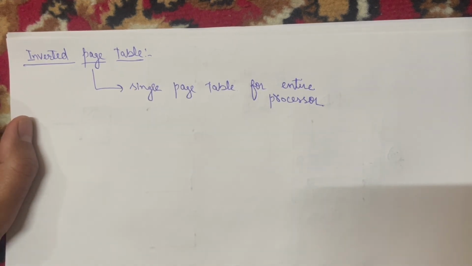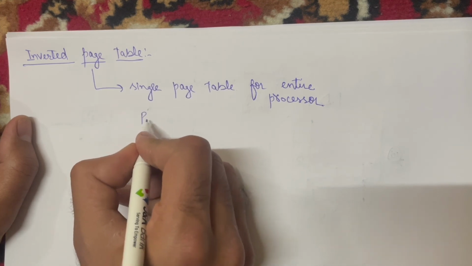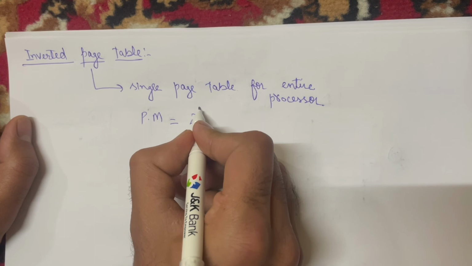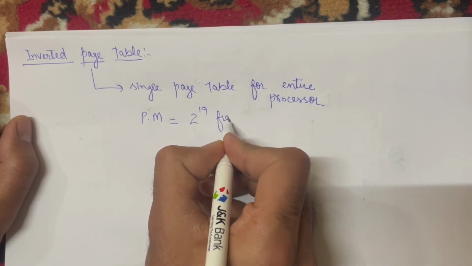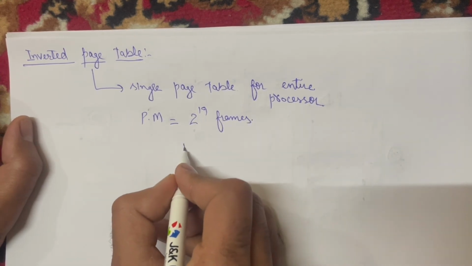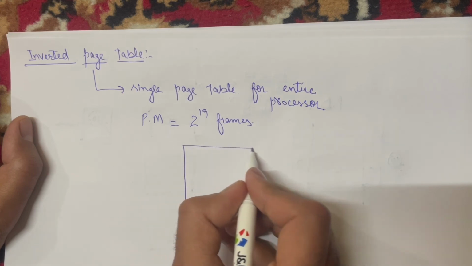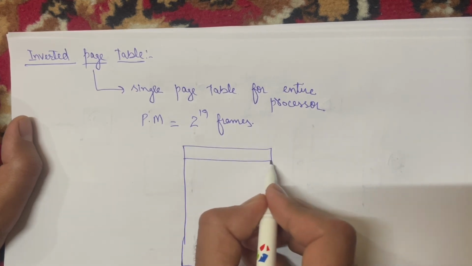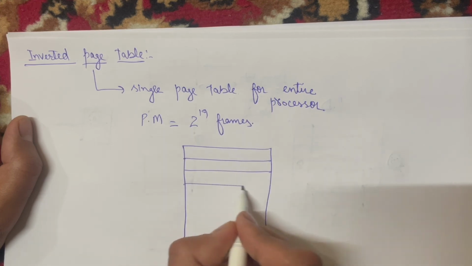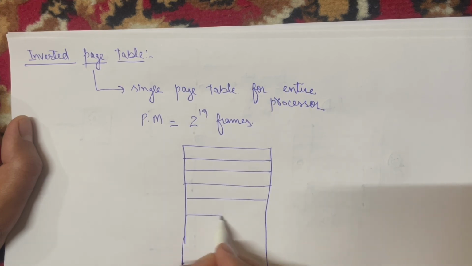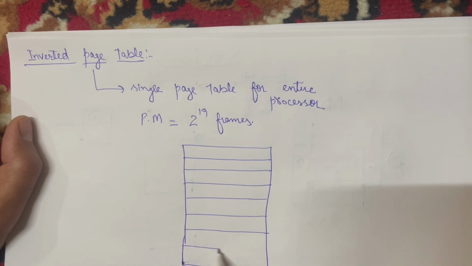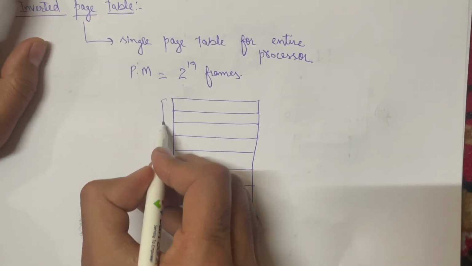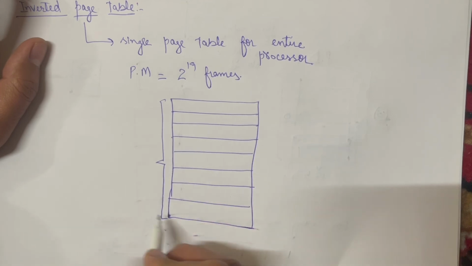So how am I doing that? Let's suppose we have a physical memory, and for example in this physical memory we have 2 raised to the power 19 frames. So we will create a table, so like this will be our table, and this particular table will be indexed by the frame number.